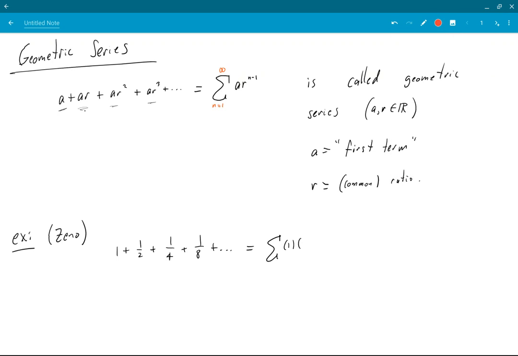well, if something is geometric, I can take one term, say a4 divided by a3. That's 1/8 divided by 1/4. What you get is 4/8, and you get a half. Now this will equal r.